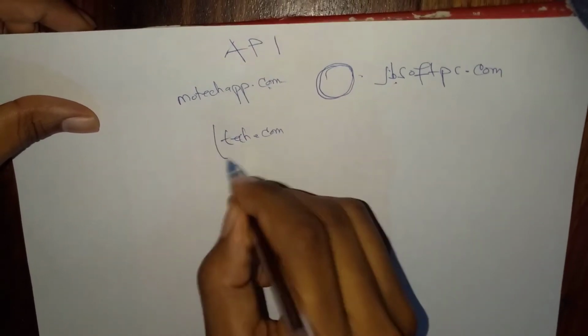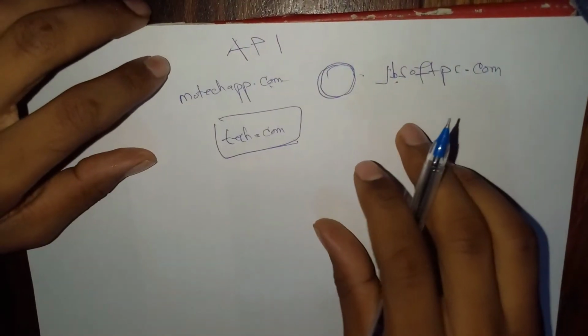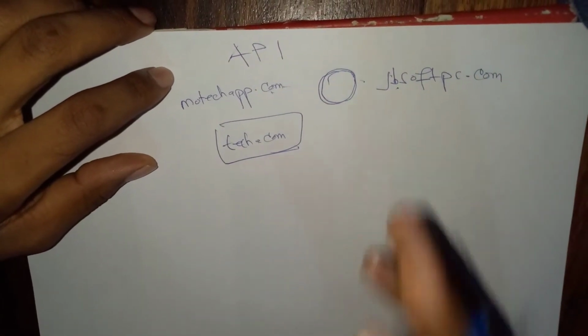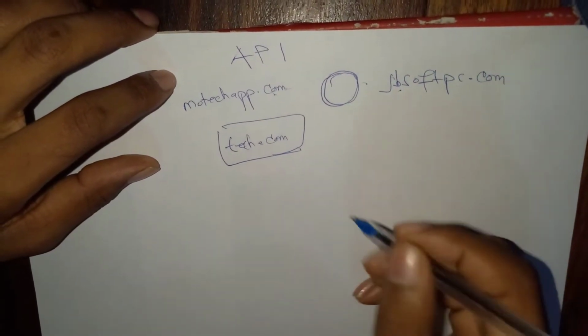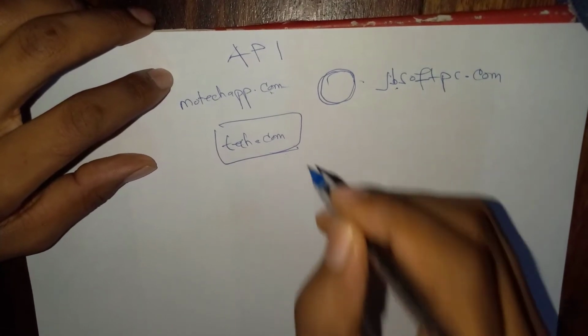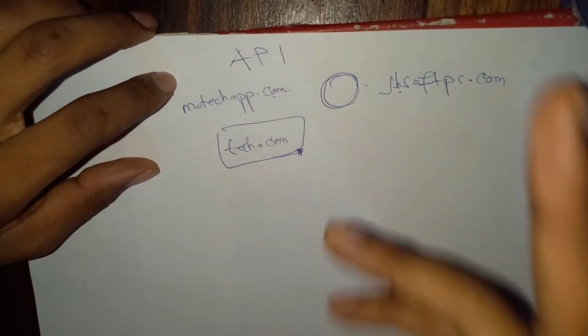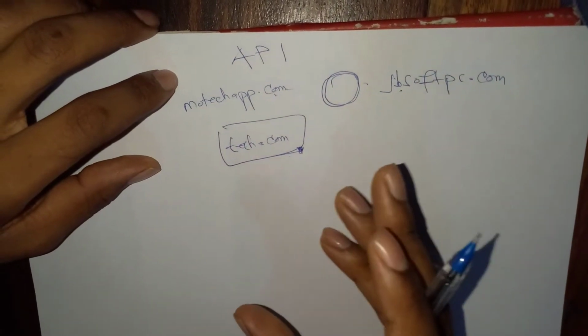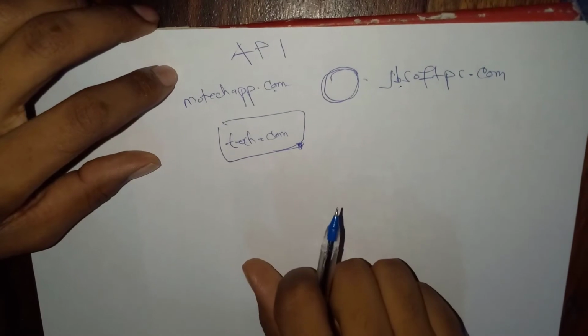This is the school management system which has a login page for admin, a login page for student, and so on. If you use API in developing this system, it will give you flexibility when you are transforming from web app to mobile application.